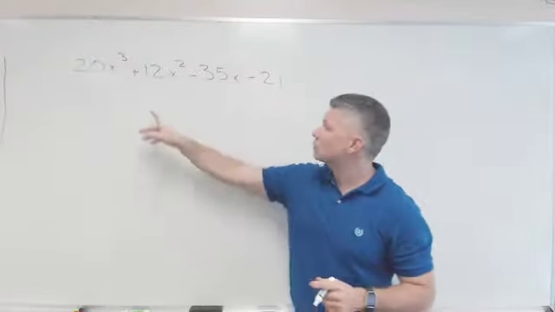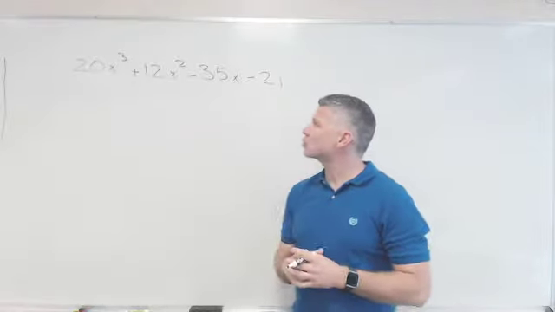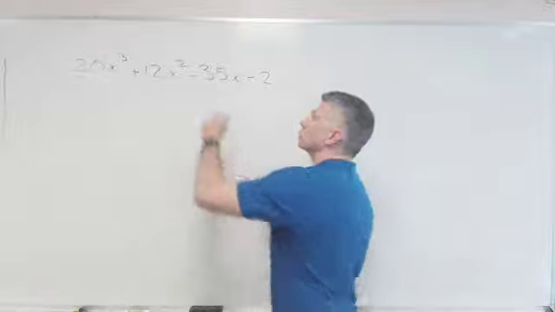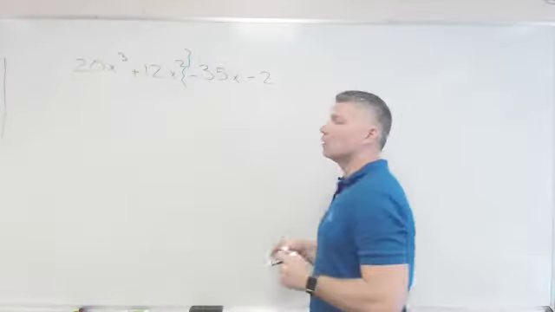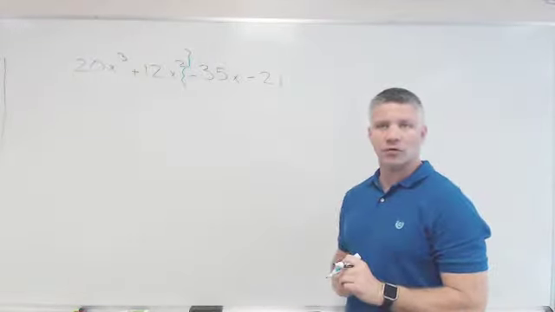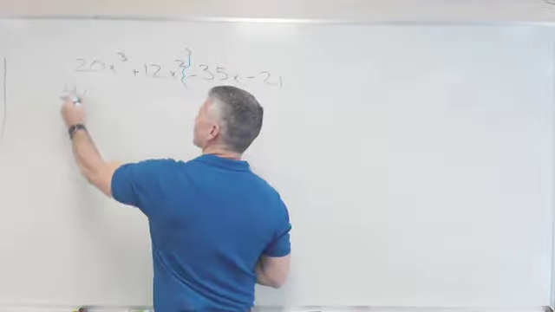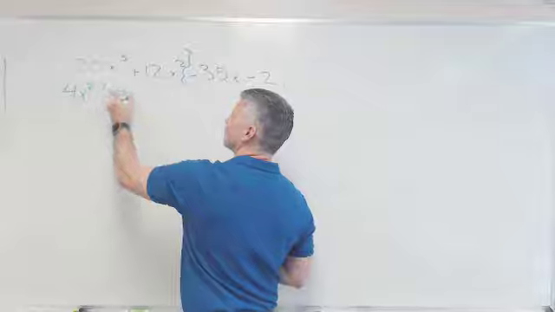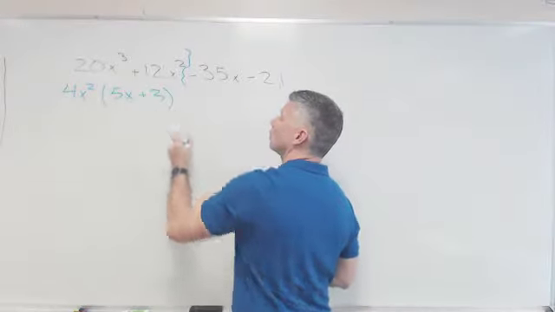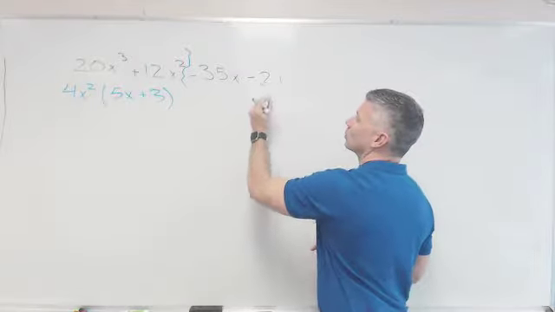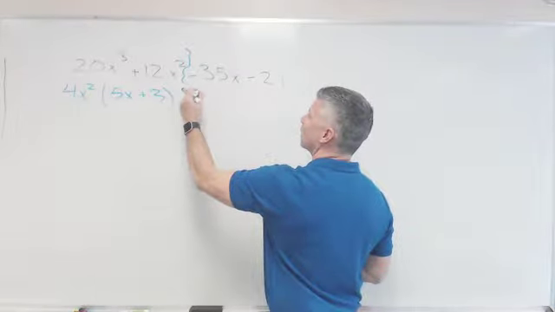Last one like this. 20x cubed plus 12x squared minus 35x minus 21. Split it in half and do our greatest common factor of each side. On this side, 4x squared. That leaves me with 5x plus 3. On the right side, greatest common factor is a negative 7.